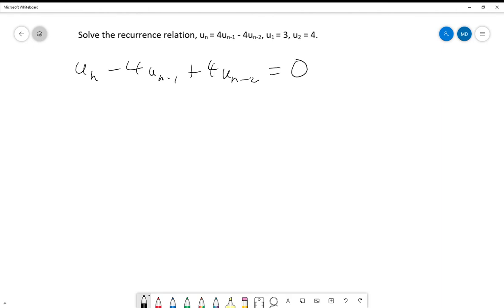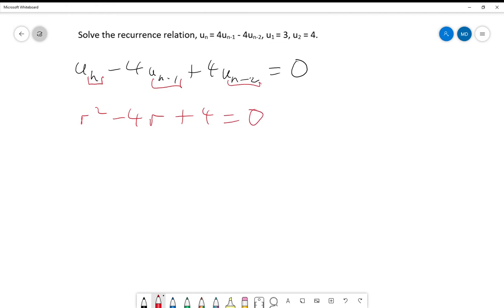This is the highest value of n here, so we write r squared minus 4 lots of our second highest r plus 4 lots of our lowest, which is just our constant term, and that equals 0.